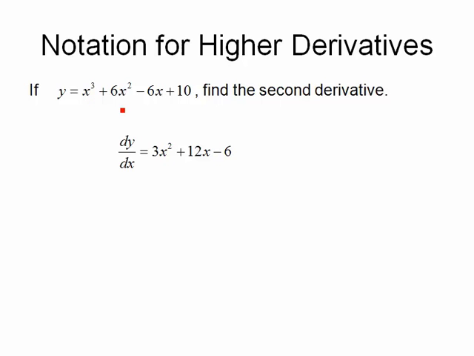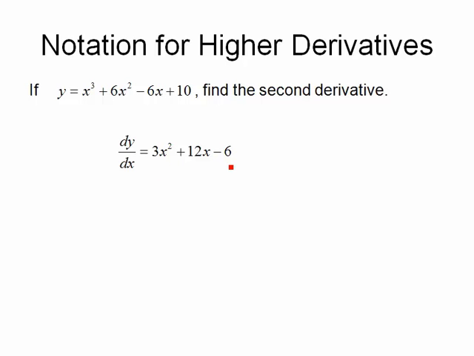The derivative of 6x squared is 12x. The derivative of minus 6x is minus 6. And the derivative of the constant 10 is 0, so it doesn't appear here. So my derivative is 3x squared plus 12x minus 6.